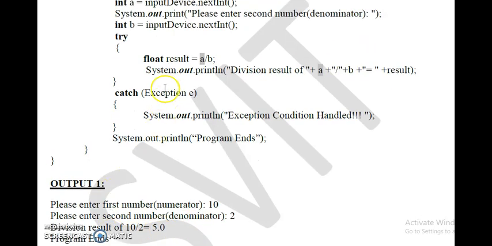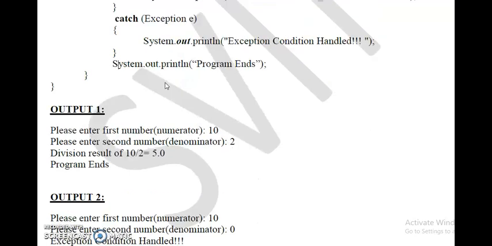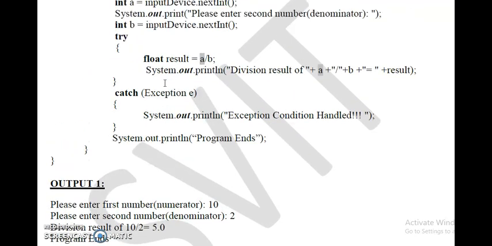Output 2 is when there is an exception, that is, the second number is entered as 0. Suppose the first number is 10 and the second number is 0. The control enters the try block, finds that the second number is 0, and hence an exception is raised. The control stops its execution in the try block and jumps to the catch block.